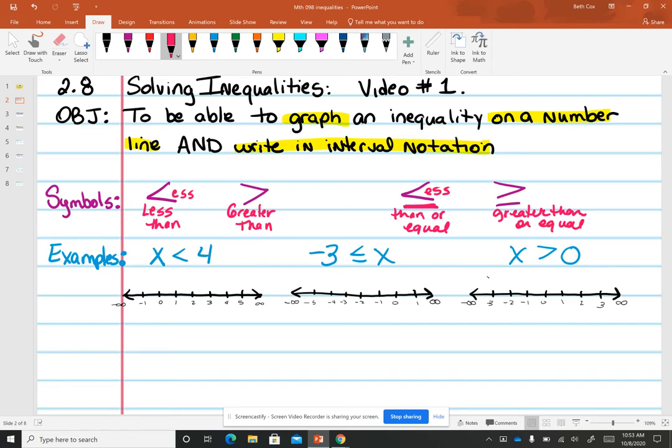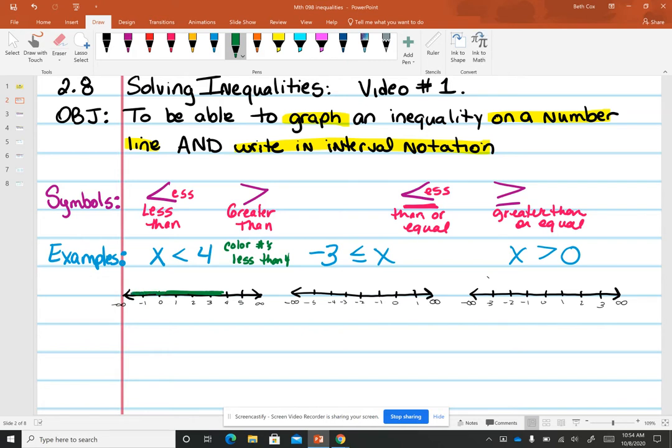Now, when we're doing our interval notation, which we'll talk about in just a minute, I'll show you the symbols for those as well. This first one says x is less than 4. So we're going to color the numbers less than 4. On my number line, I'll color these numbers.